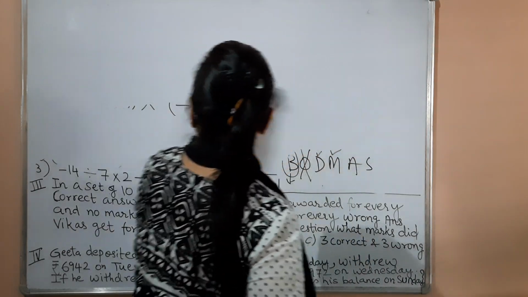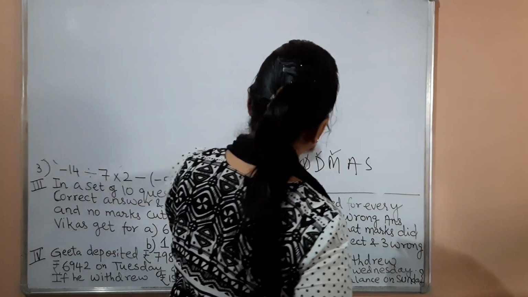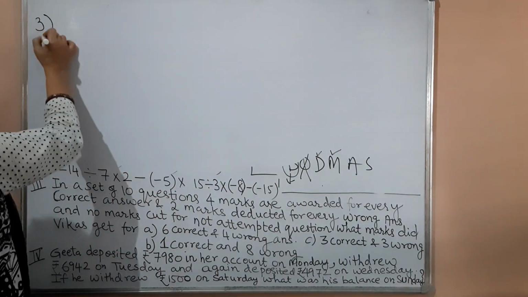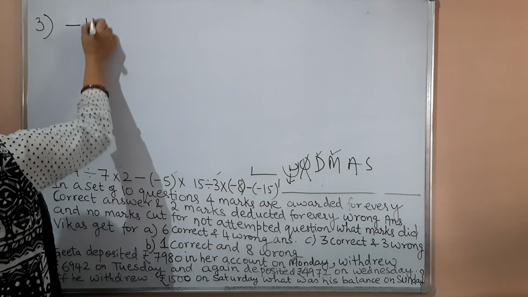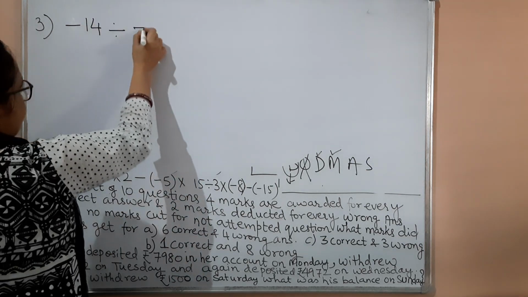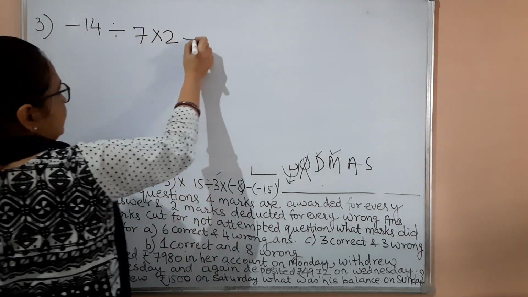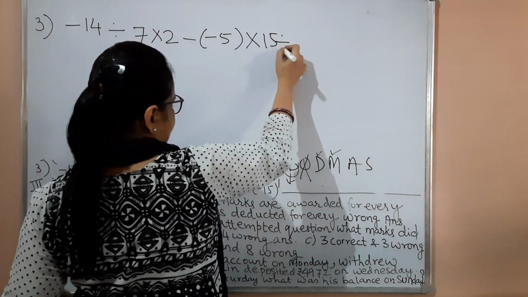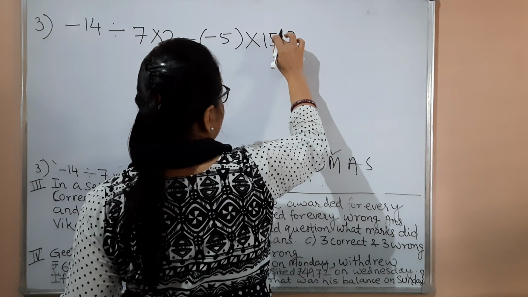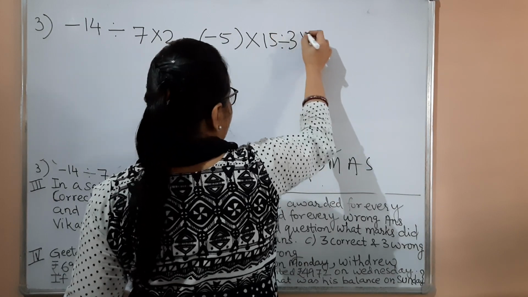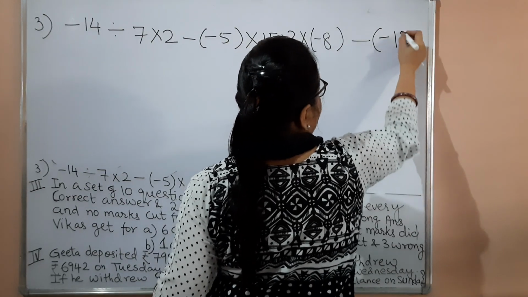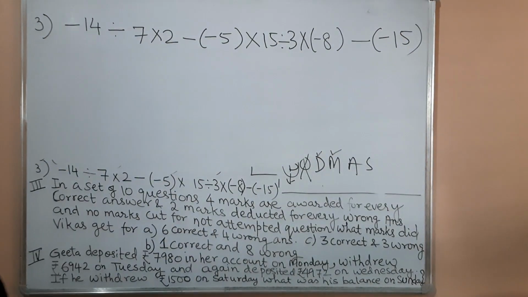Now let us do the third part of simplification: minus 14 divided by 7 into 2 minus of minus 5 multiplied by 15 divided by 3 multiplied by minus 8 minus of minus 15. Now this is the question.